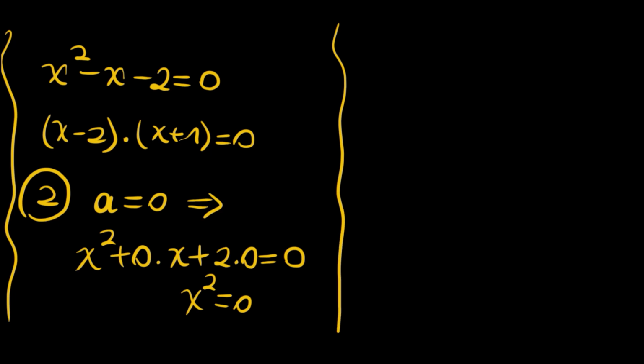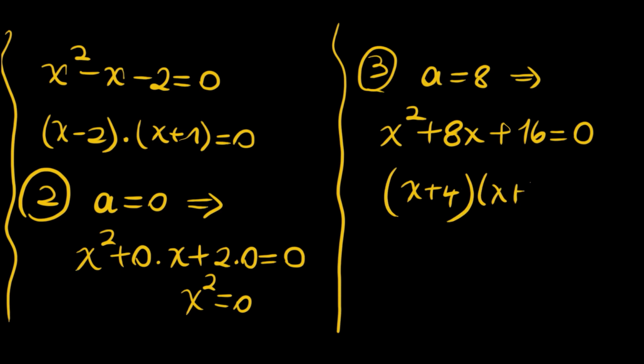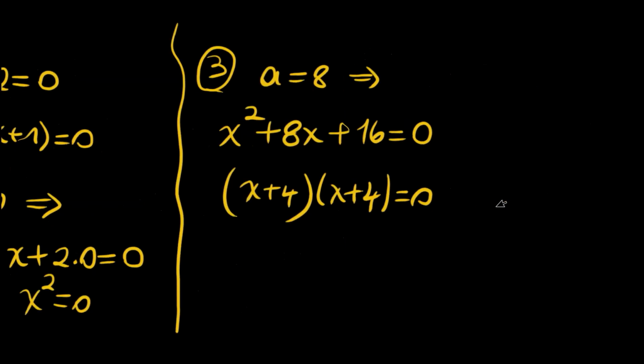The third one was 8. A may be 8, so x squared plus 8x plus 2a, which is actually 16, is equal to 0. So from this, again, we can say x plus 4 times x plus 4 is equal to 0. So the solutions, again, are integers.